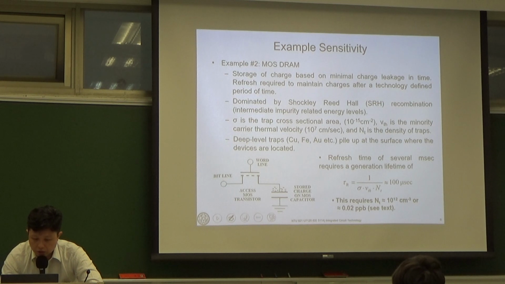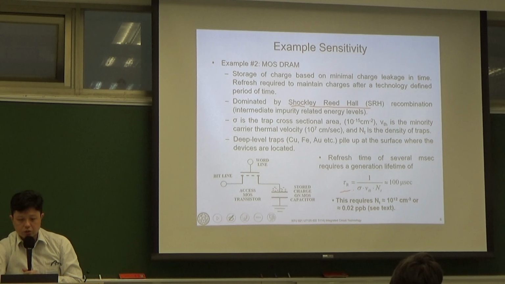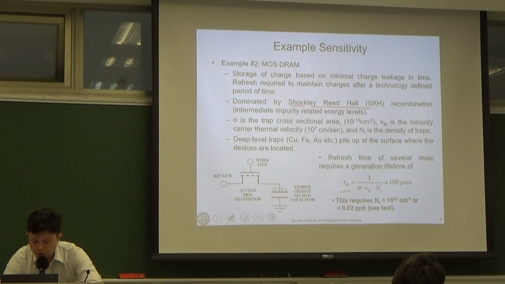That defect, we call it Shockley-Read-Hall recombination. And with this Shockley-Read-Hall recombination, we can use recombination rate to quantify this process. So here you can see that this recombination process depends on this sigma, which is the trap cross-section area, and you have VTH here, that's the minority carrier thermal velocity, and NT is the density of traps.